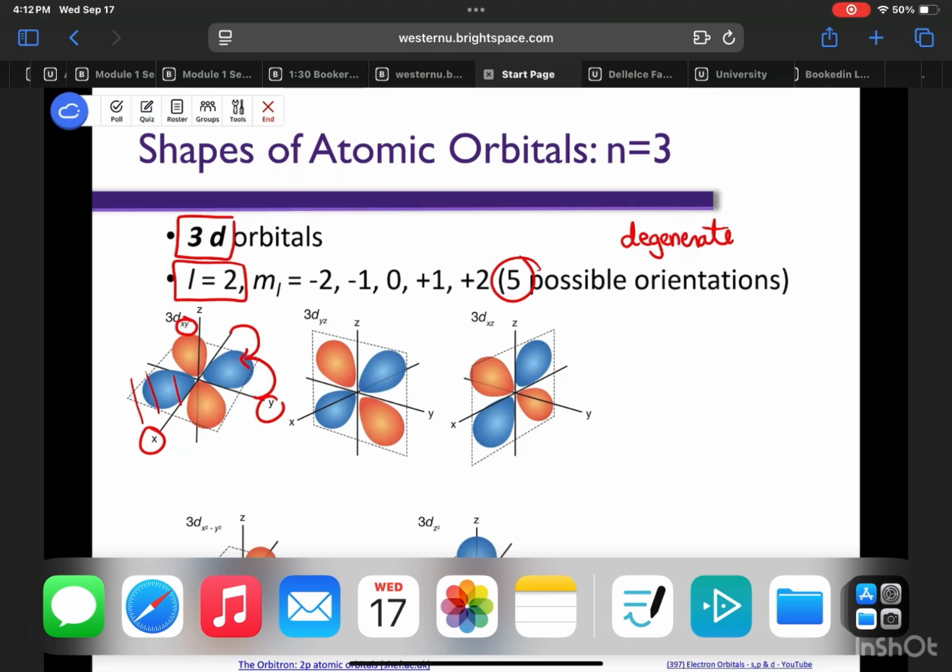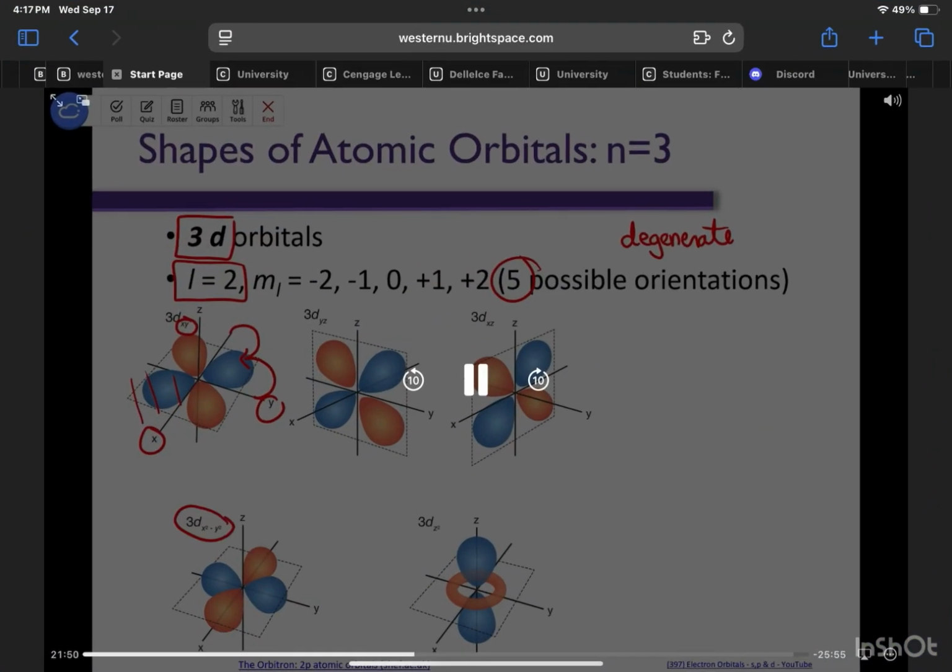Those were directly along the axes. Now it's between the axes. I'm going to do the xy. It's lying along the xy plane. x squared minus y squared means we just rotate it. I think that's 45 degrees, so that the lobes lie directly along the x and y axes.